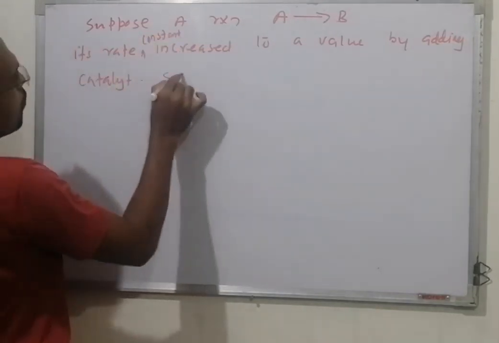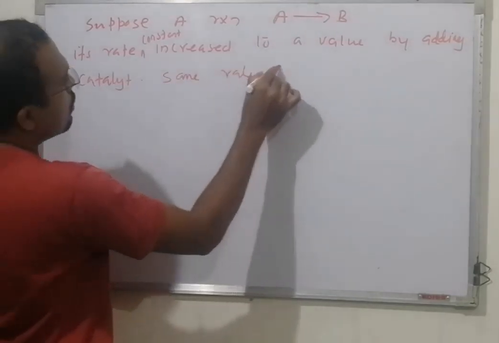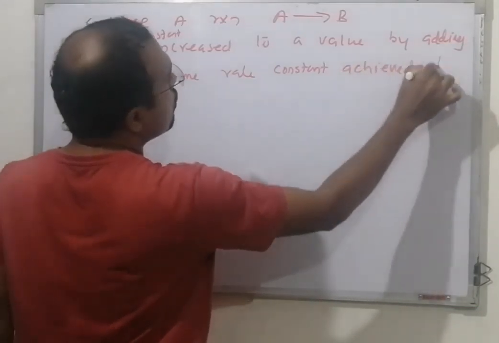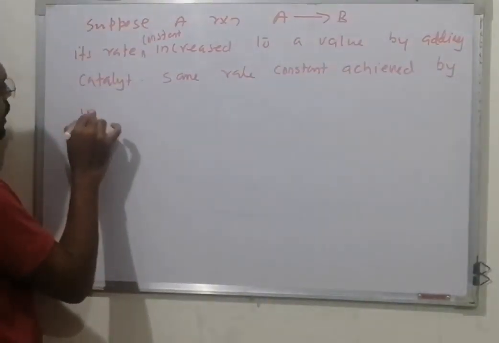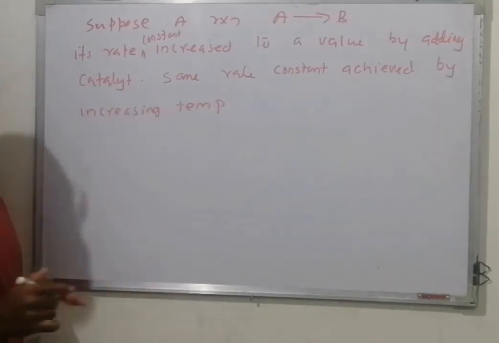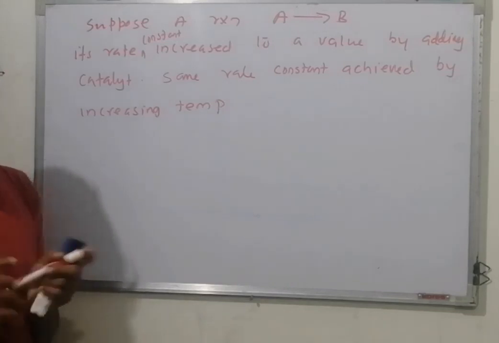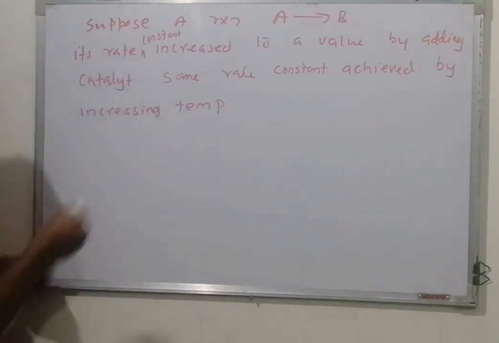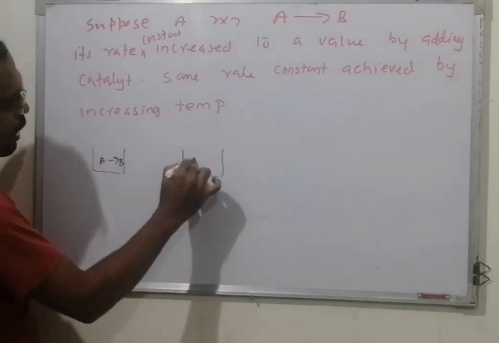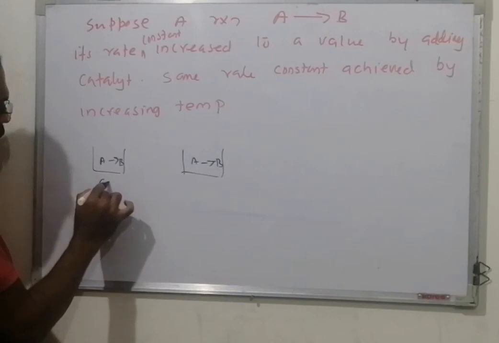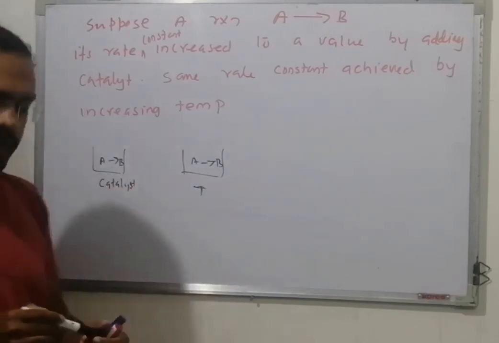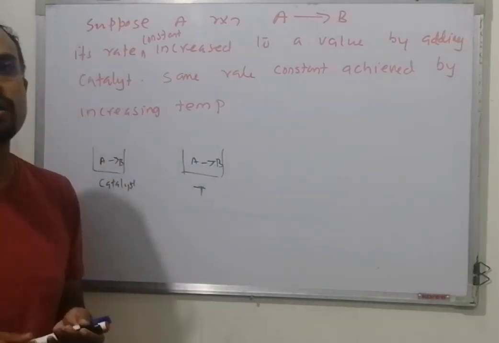Okay, the same rate constant or rate is achieved by increasing temperature without catalyst. Therefore, same reaction: first A gives B, in another bottle A gives B. Same speed, here catalyst, here temperature. In one case you have added a catalyst, in another case you have increased the temperature.